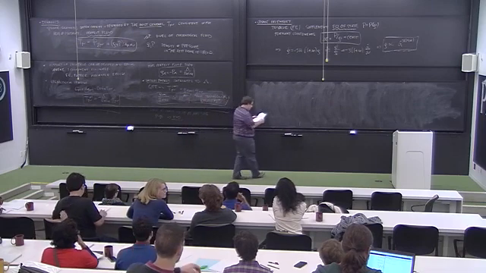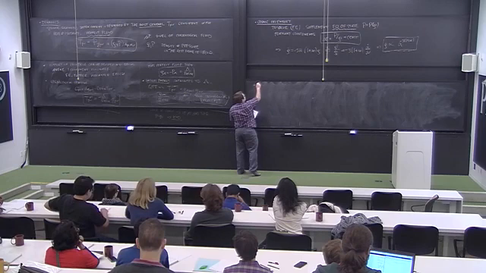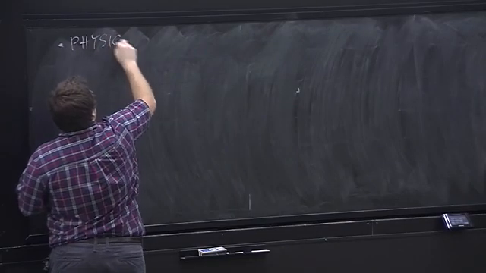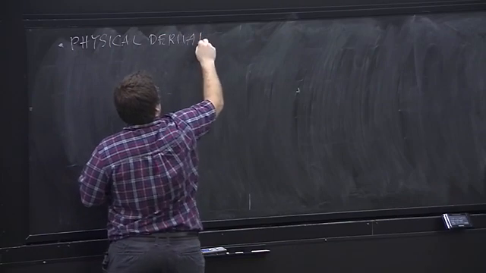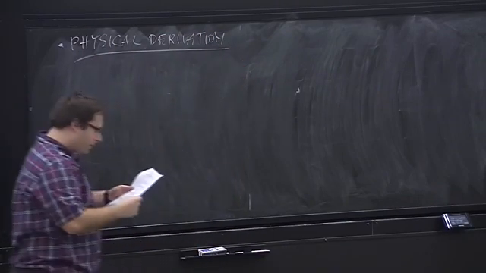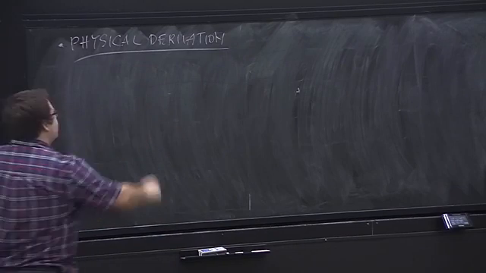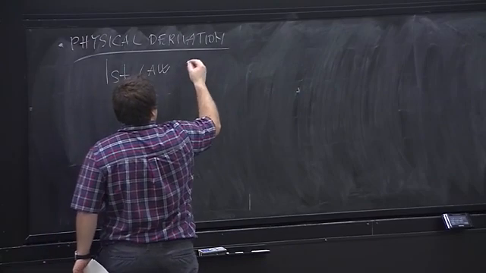Okay. So that formula, rho is proportional to a to the minus 3 times (1 plus w), is so important that let me do it once more, but with a different, physical derivation of that formula. You can start with the first law of thermodynamics.